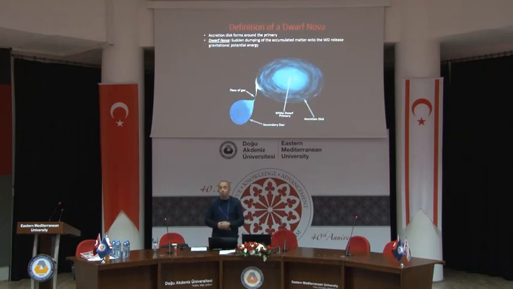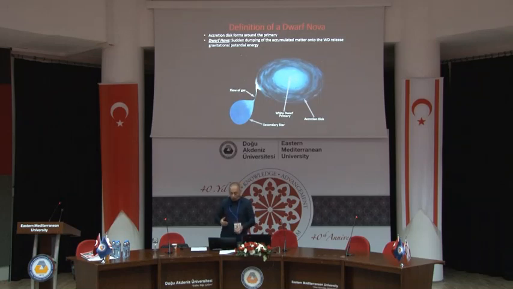Due to instabilities in the disk that I'm going to talk about later, accumulated matter makes sudden dumps onto the white dwarf, which releases a huge amount of gravitational potential energy, and we see this as an eruption.